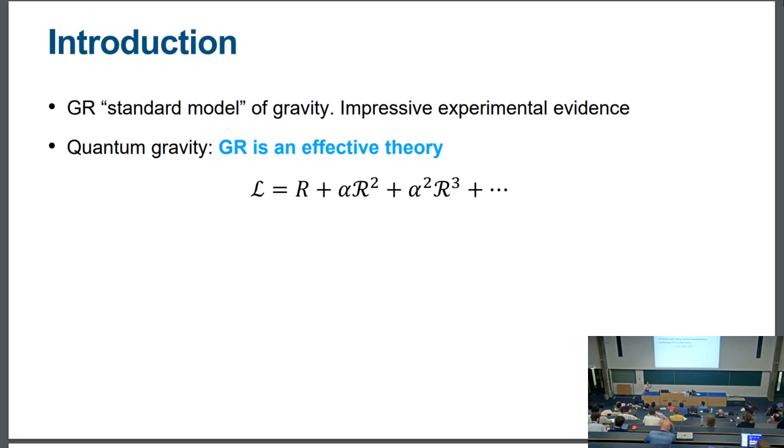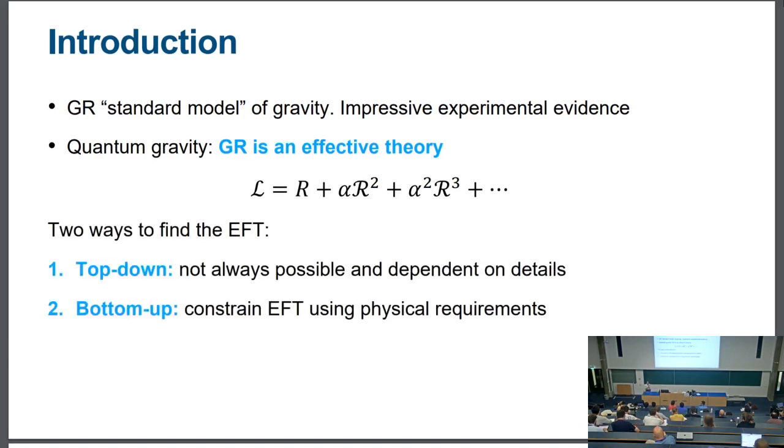This is very schematic, and you need to include higher order corrections that account for looking at higher energy scales. Alpha here is just some coupling, and the curly R squared just means curvature invariants of quadratic order, of cubic order, and so on, depending on your energy scale.